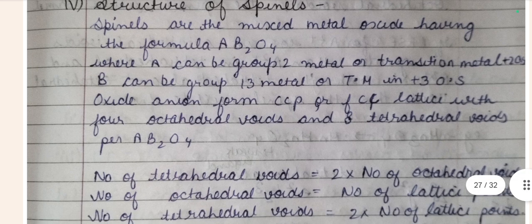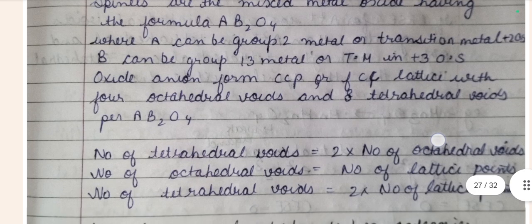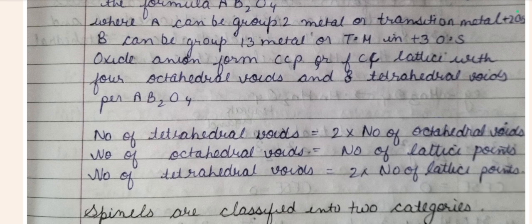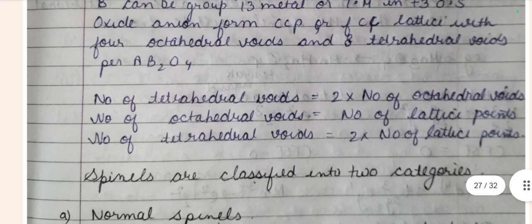Oxide ions form a CCP or FCC lattice with 4 octahedral voids and 8 tetrahedral voids per AB2O4. The number of tetrahedral voids is equal to 2 multiplied by the number of octahedral voids. The number of octahedral voids is equal to the number of lattice points, and the number of tetrahedral voids is equal to 2 times the number of lattice points.